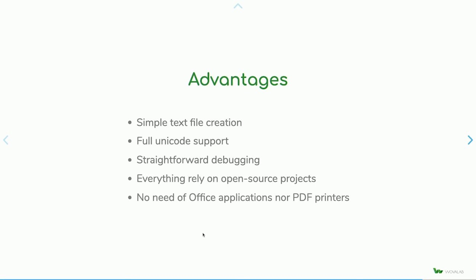It's straightforward to debug, because if you don't get the final document as you expect, you can take the Asciidoc file, open it with Visual Studio Code, and debug to find what's the issue with the syntax.